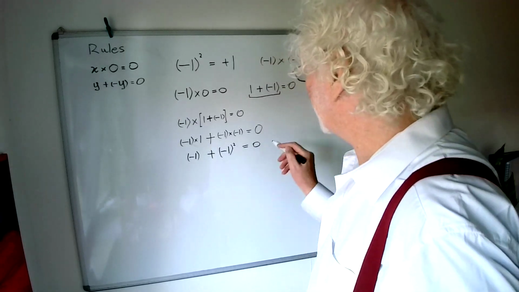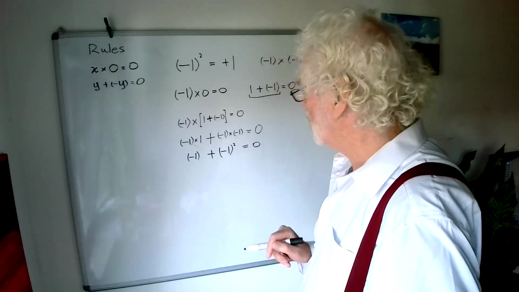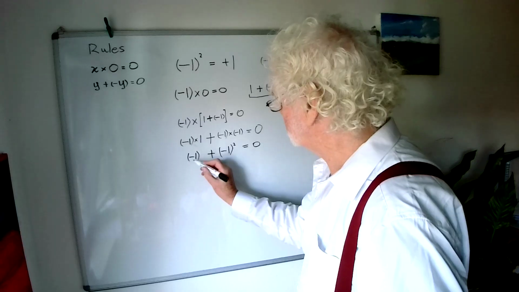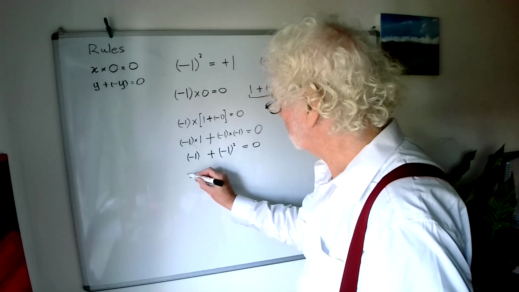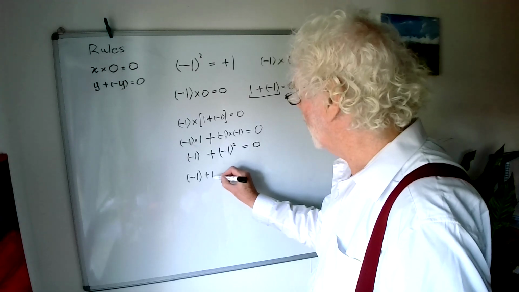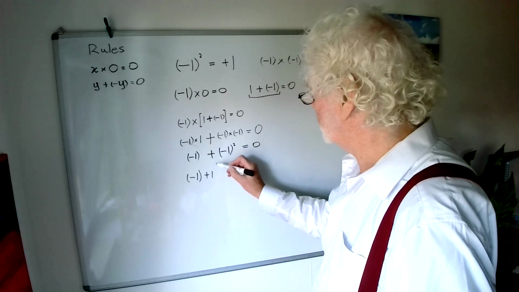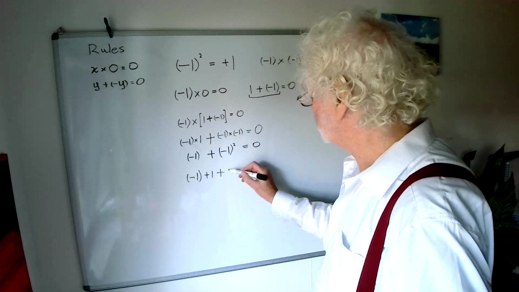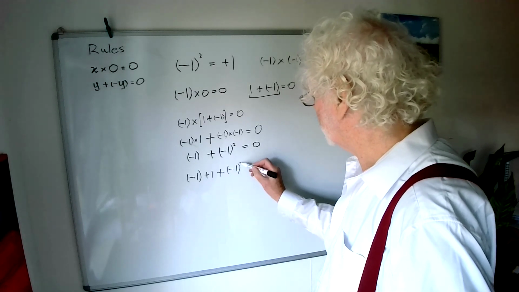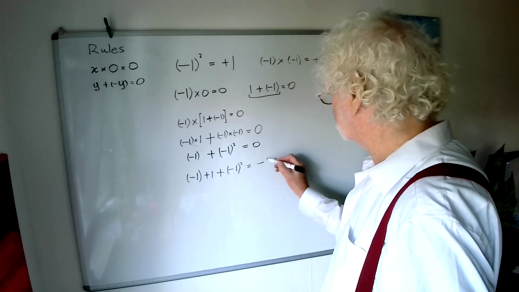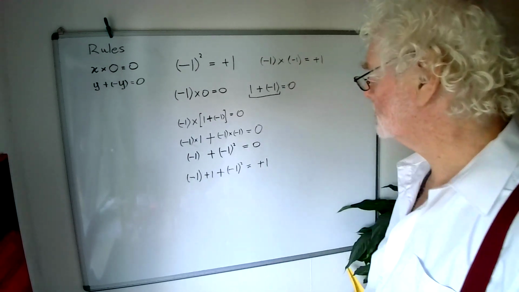So what I'm going to do here now is add. I can add 1 to both sides of this equation. So there's this minus 1, and then adding the 1 plus 1, and then there's this plus sign, and then this minus 1 squared equals, remember I've got to add the 1 to this one side now, this side.